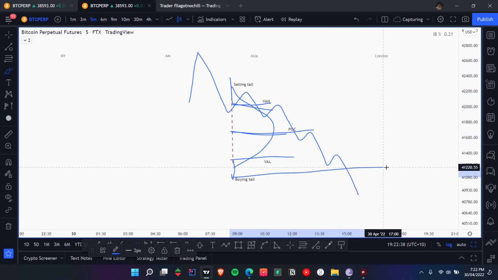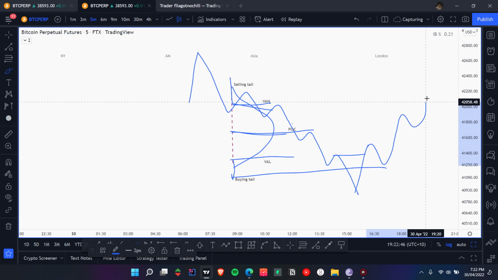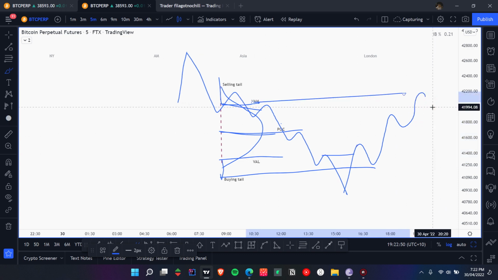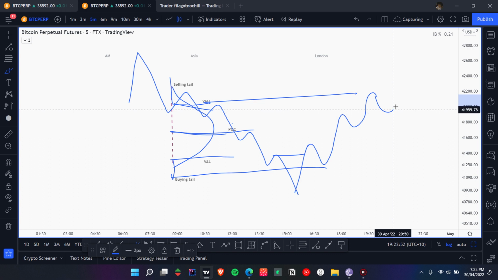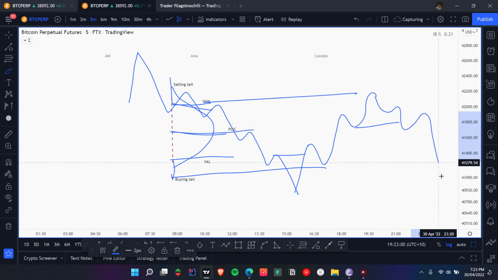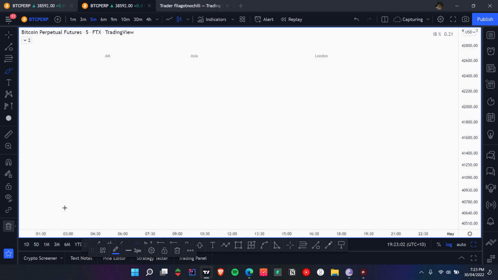If you think about it, then price comes up, breaks this swing low, retests this zone, then starts going up again until price touches this value area high, and then price breaks this swing high, and then comes on. So something like this.